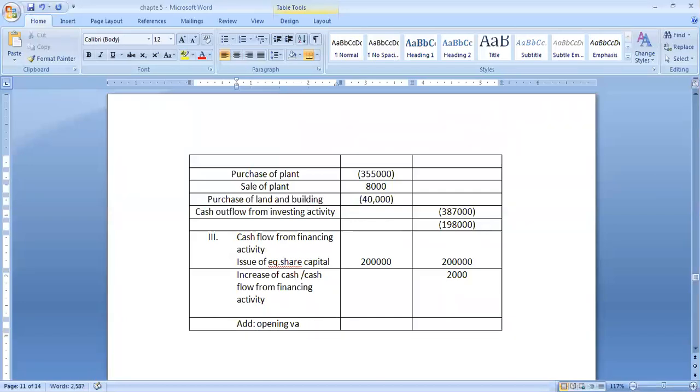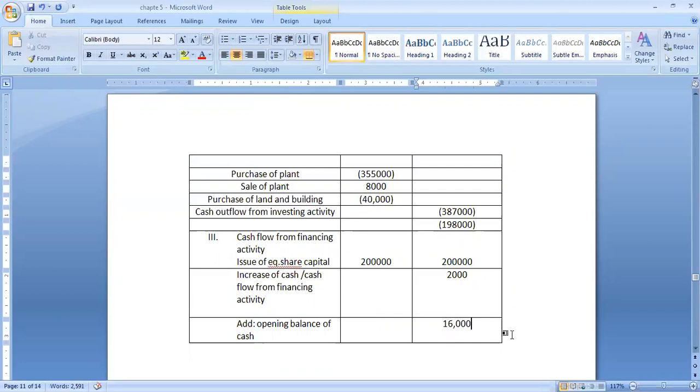The opening balance of cash. So what is the opening balance of cash? It is 16,000. It is added to it. You got 18,000. So this is called the closing balance of cash, or it is also called the cash balance at the end.